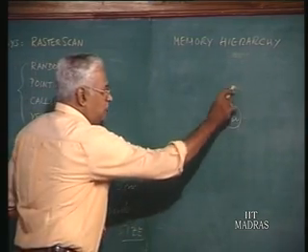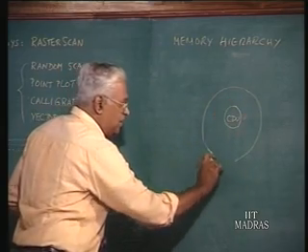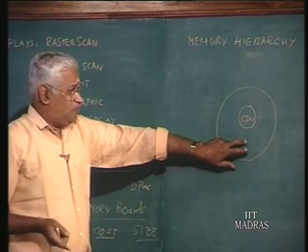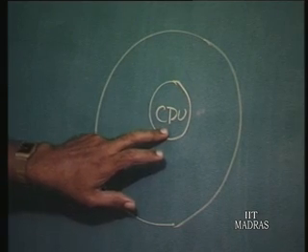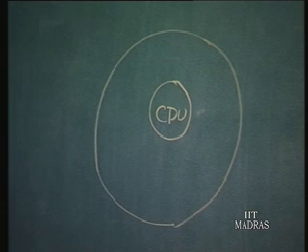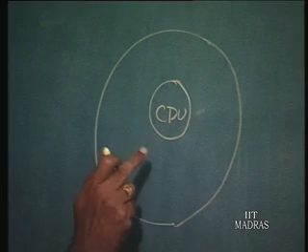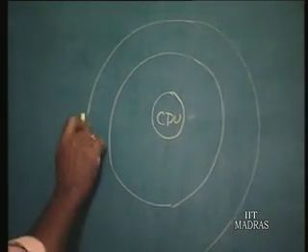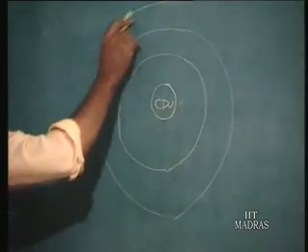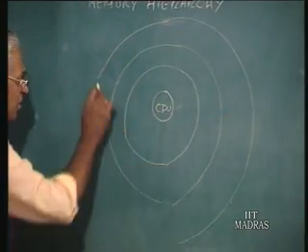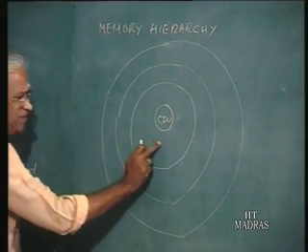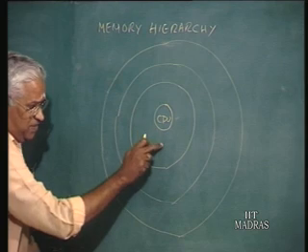The CPU deals with the particular memory which can respond as fast as the CPU, so whatever the CPU wants, it will do at that particular rate. So, the fastest memory will be here, and then you will have slower memory away from it, and then further slower ones outside. Basically, the higher speed memory will be here.